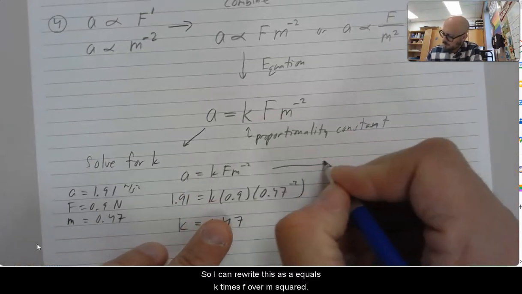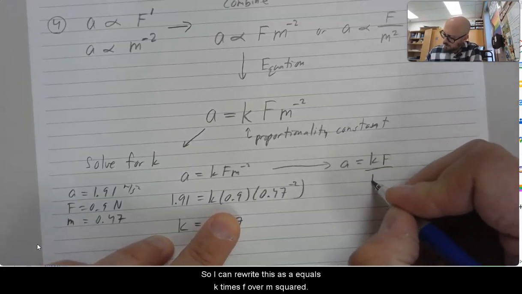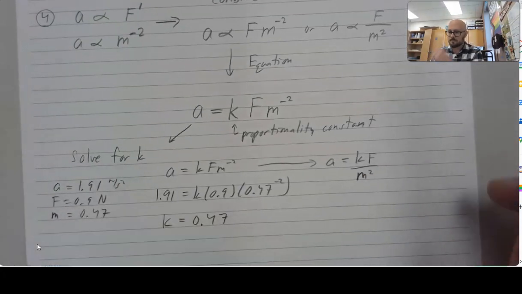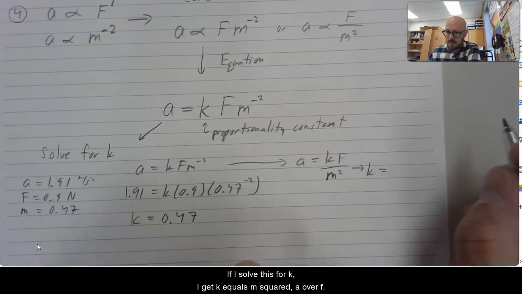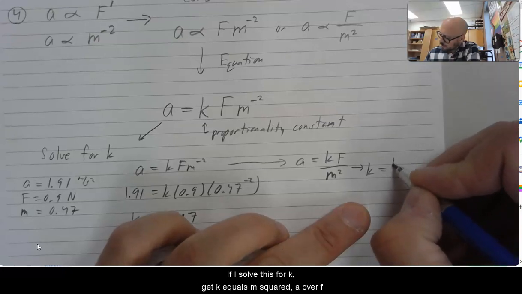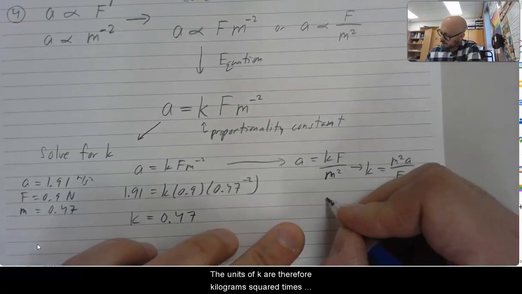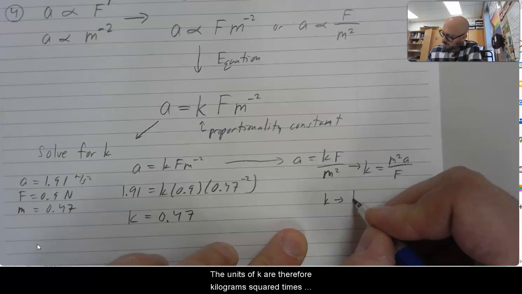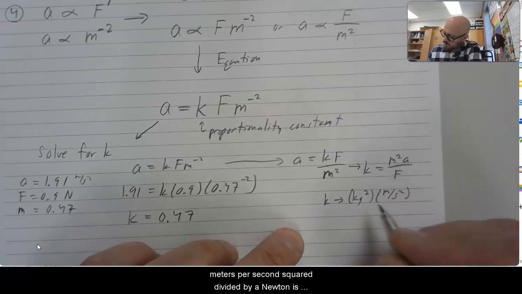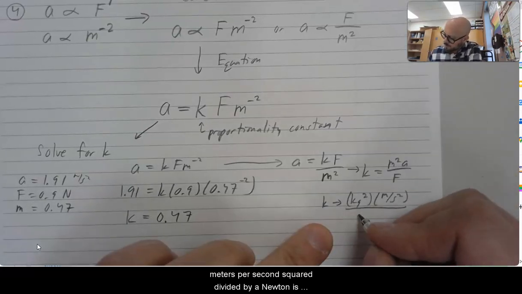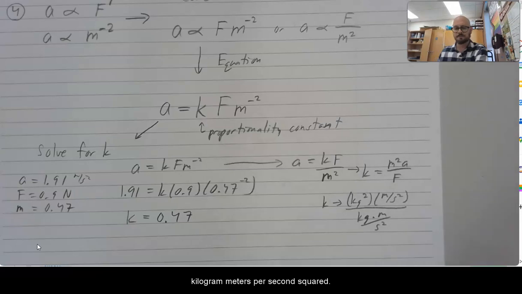So I can rewrite this as A equals K times F over M squared. If I solve this for K, I get K equals M squared A over F. The units of K are therefore kilograms squared times meters per second squared divided by a Newton, which is kilogram meters per second squared.